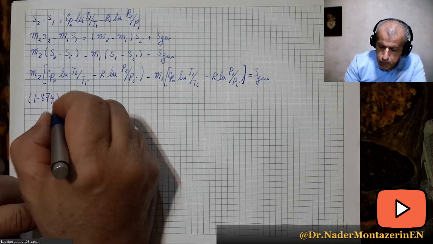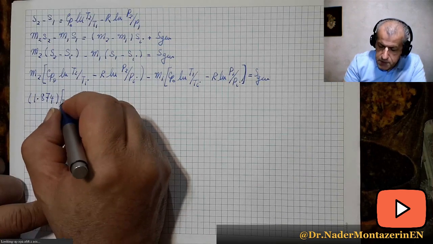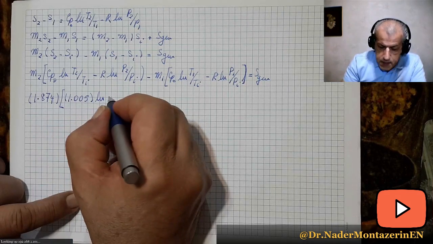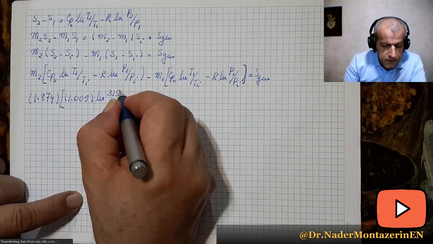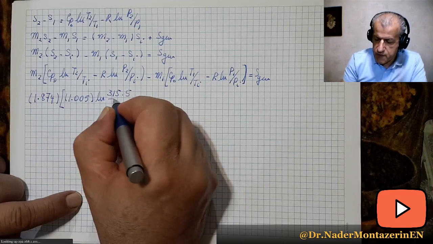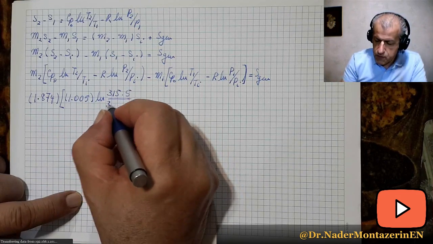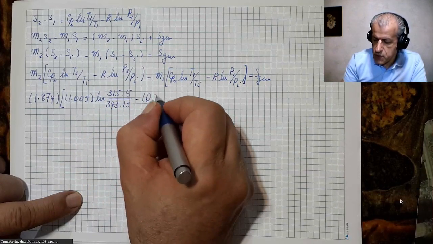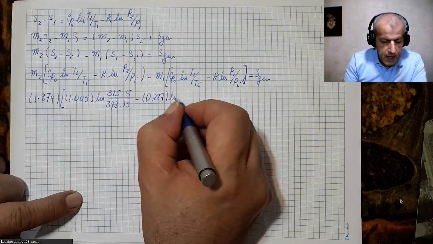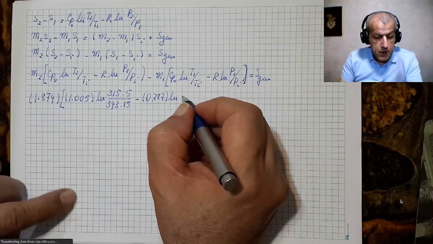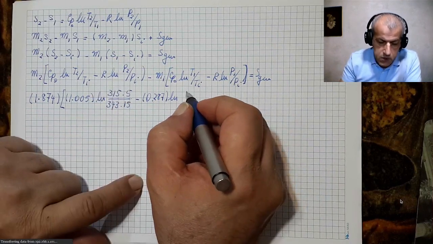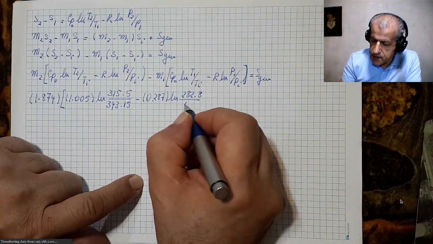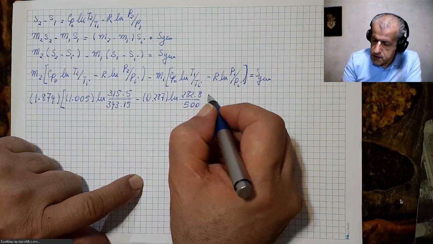1.874. This is M2 times 1.005 ln T2, which is 315.5 divided by 343.15, minus R, 0.287 ln P2 over Pi, which is 282.8 divided by 500.